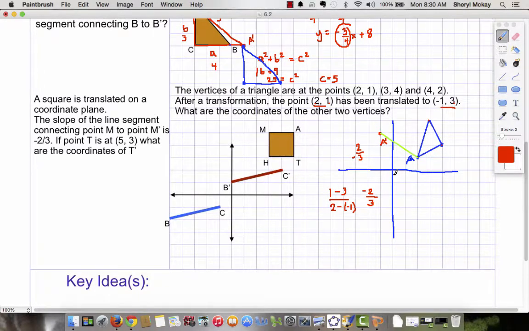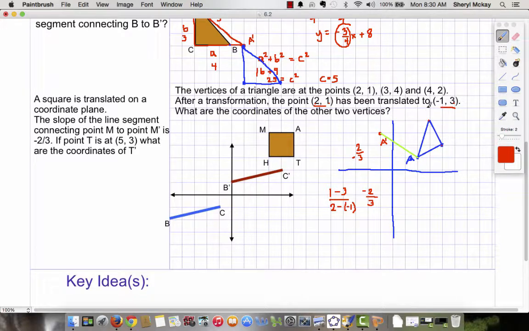So if I'm going to take my point (3, 4) and translate it along the line segment with slope negative 2/3, I'm going to follow my same rule here, which is I went up 2 and back 3, because it does matter which I do, x or y.